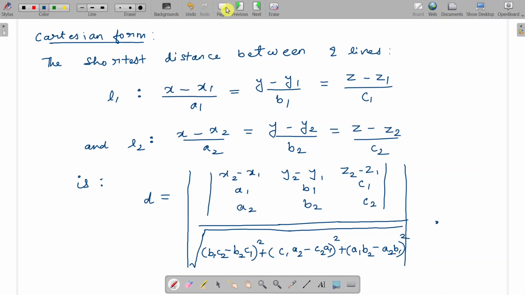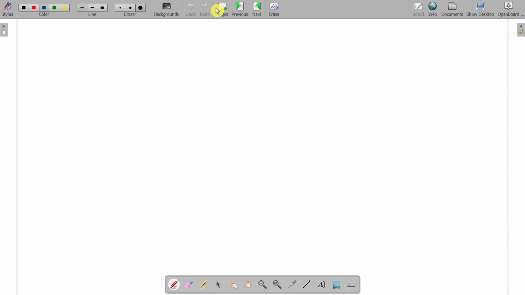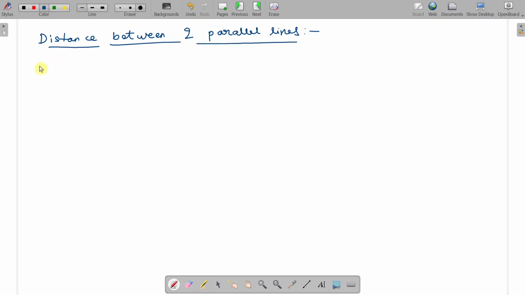Now let us go to the next type: distance between two parallel lines. Let L1 and L2 be two parallel lines. What do we mean by parallel lines?